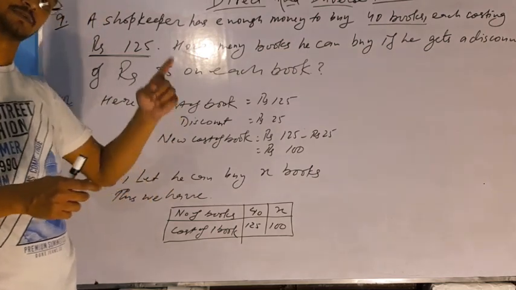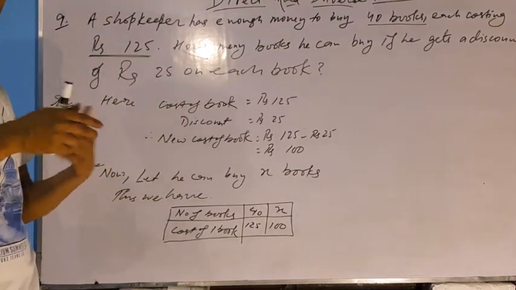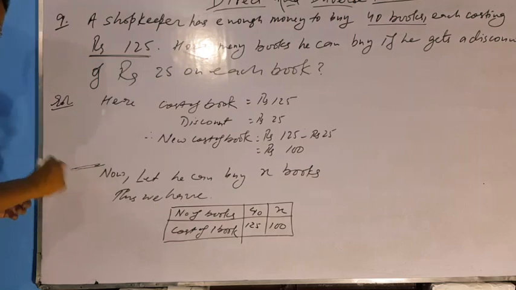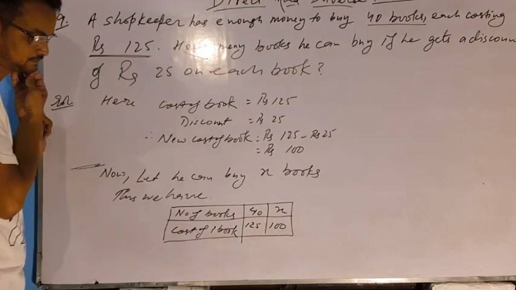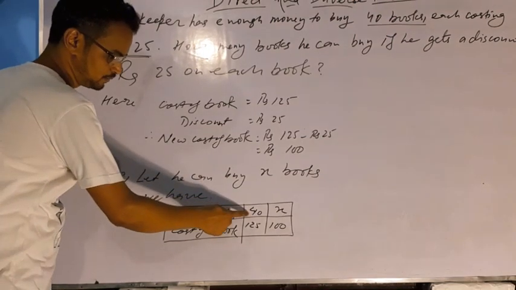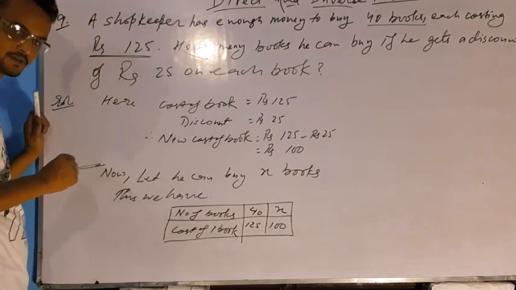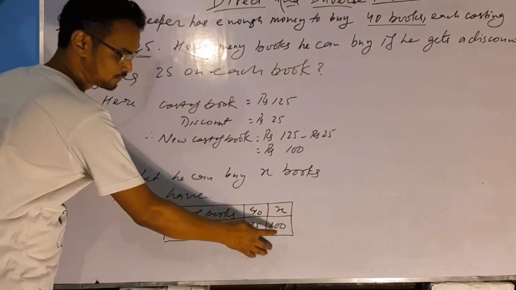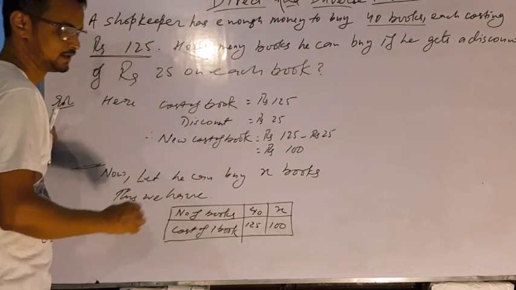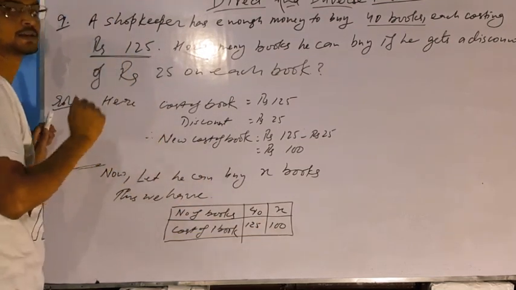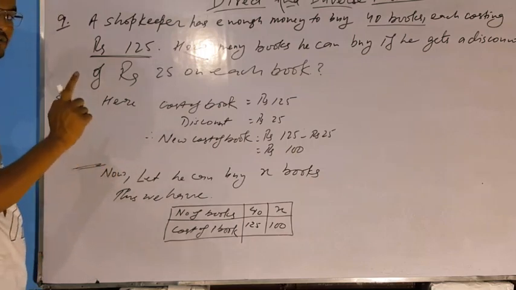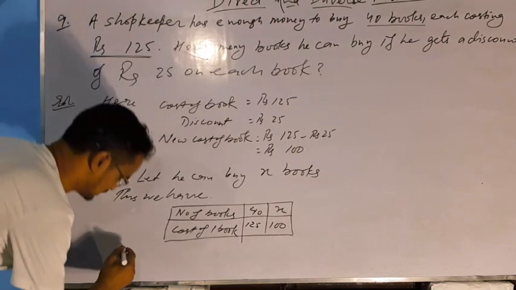As in the previous question with x extra men, here we observe that the number of books is 40 when the cost of one book is 125. When the cost of one book is 100, the number of books will increase. Then it is a case of inverse variation.